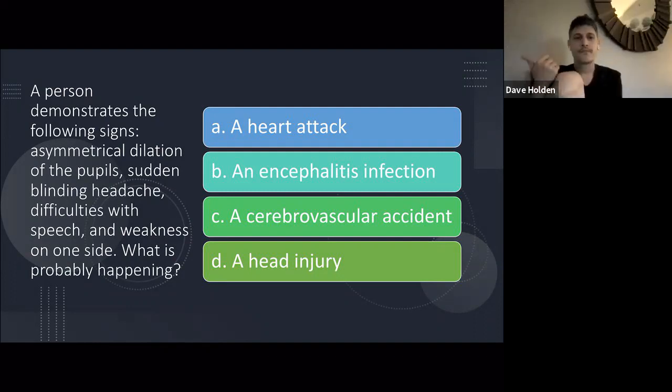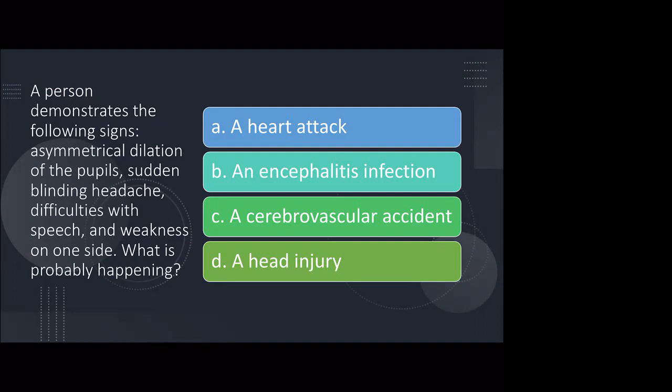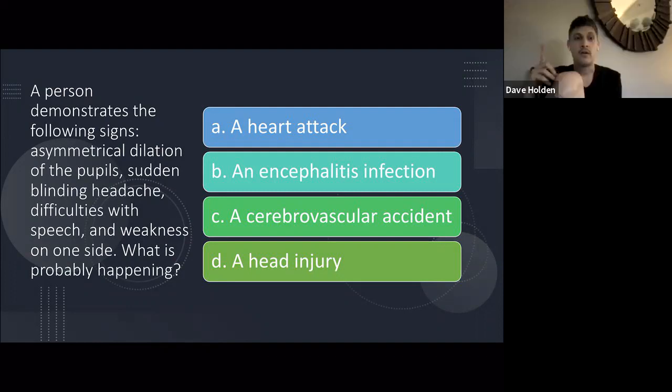Sudden blinding headache tells you the problem's going to be somewhere in the head. Headache isn't usually a symptom of a heart attack. Now, sudden headache, that's extreme.